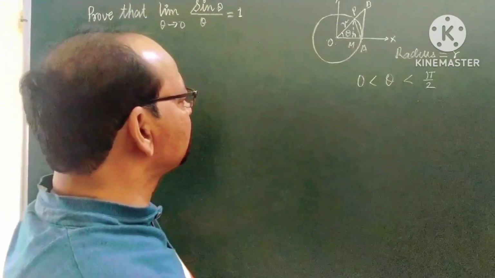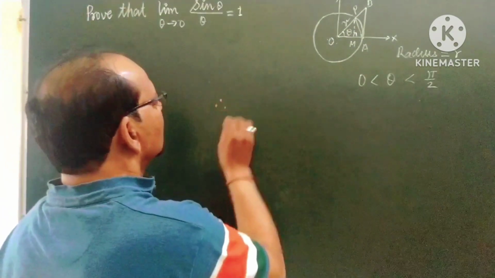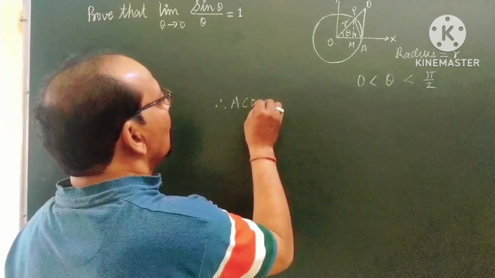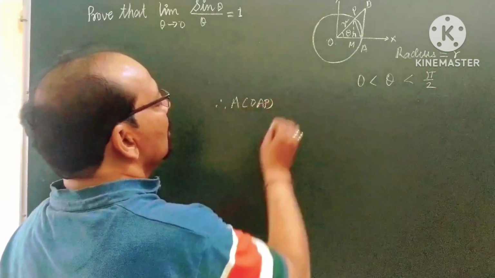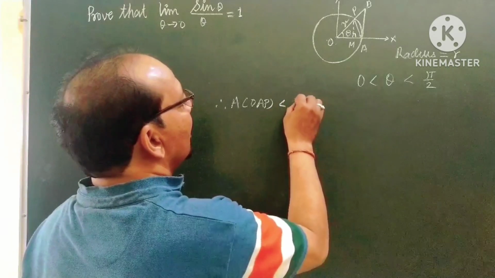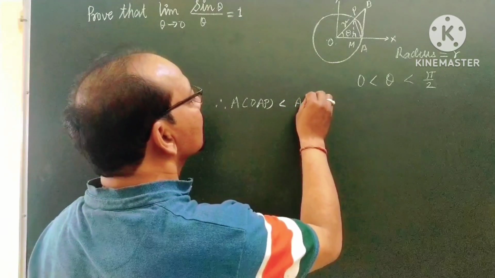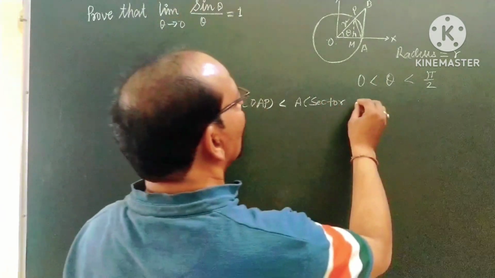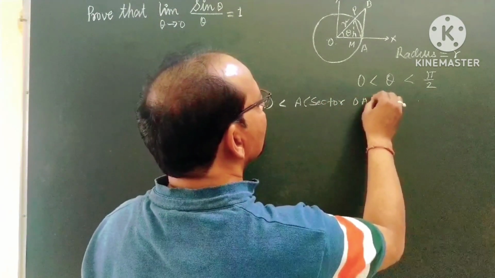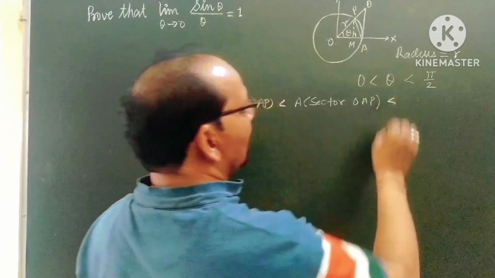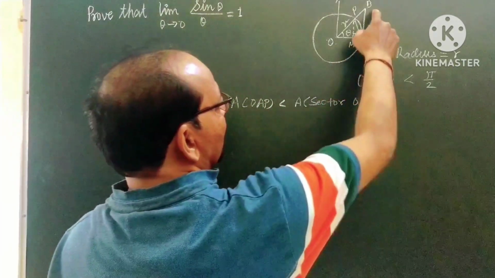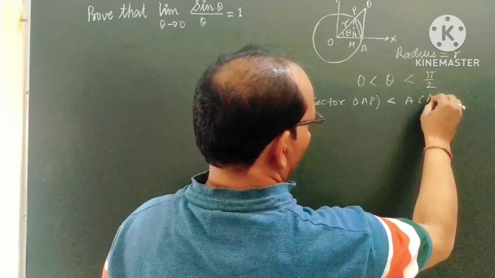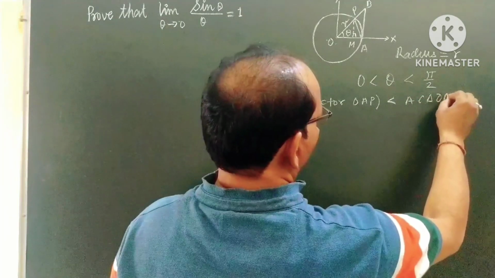In this condition, therefore we take area of triangle OAP is less than area of sector OAP is less than the area of triangle OAB.